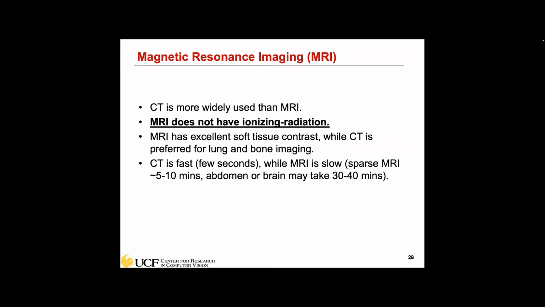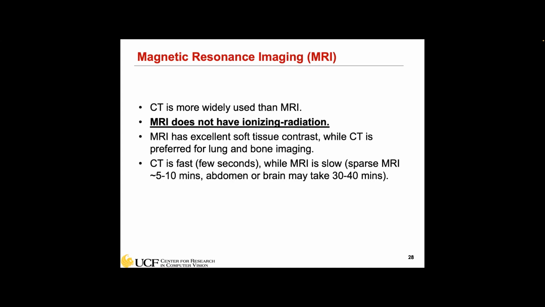In comparison to CT, CT is more widely used than MRI. One reason is that CT is fast, and a lot of the time CT is enough to make an accurate diagnosis. CT can take a couple of seconds, but MRI could be very slow. For a spine MRI, it's 5 to 10 minutes, but for an abdomen or brain MRI scan it could take 30 to 40 minutes, okay?